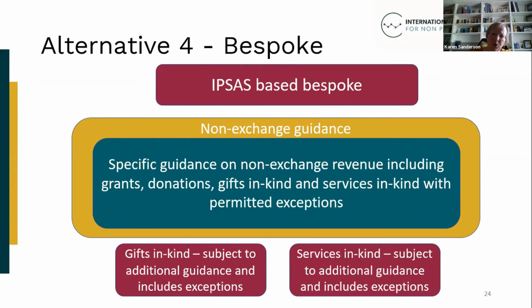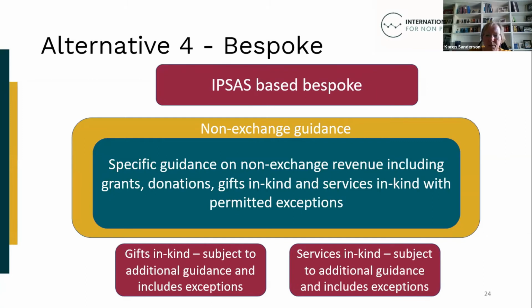And finally, alternative 4, which I have named the bespoke alternative. This alternative is very much based on IPSAS, but proposes the inclusion of exceptions to be drawn from various national standards that we can consider to be included in NPO-specific guidance.